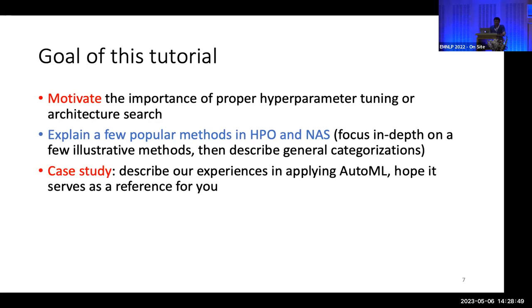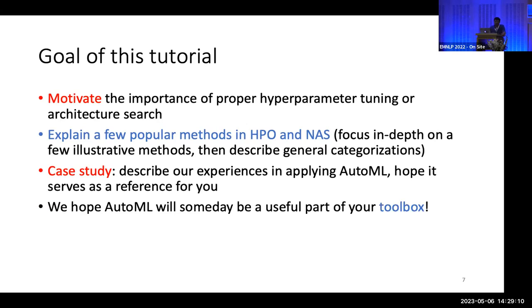We'll also do a case study saying if you want to apply AutoML to your own work, right? Say you're doing, say, summarization, and you just want to apply AutoML to it. What are the options for you? You can borrow a toolkit or you can implement your own, and we'll describe our experience in doing that. Okay, and my hope is one day AutoML will be part of your toolbox.